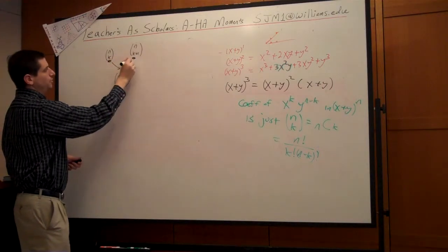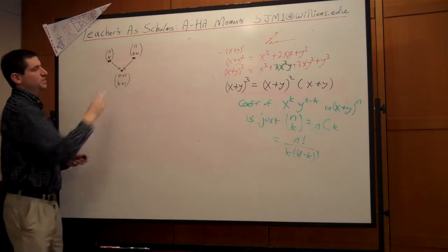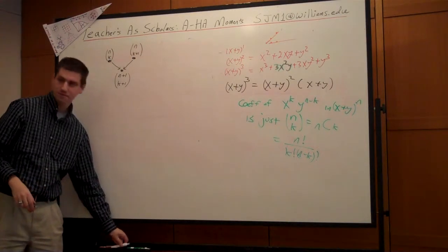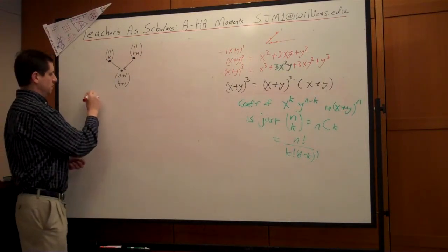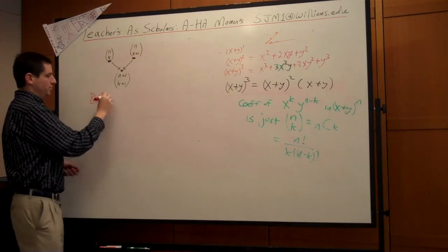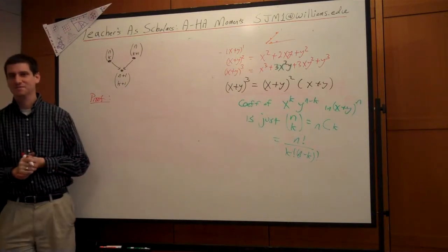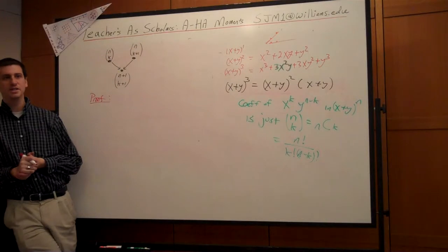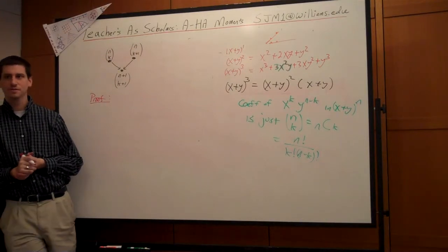So I want to prove that this plus this equals this. Can somebody give me one way to try to prove this? I don't care how bad or painful the proof is. Can you give me some idea of how we could try to prove this?